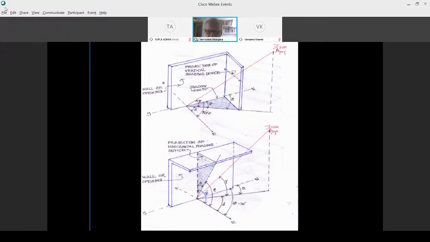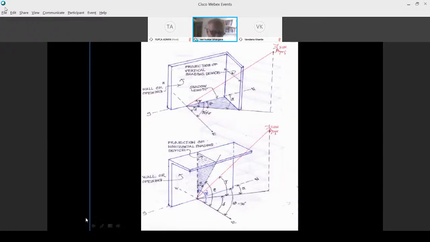I have used the letter q for this angle. Once you get the value of q, then the projection of the horizontal shading device to block the sun at a particular time and particular month of the year can be calculated.